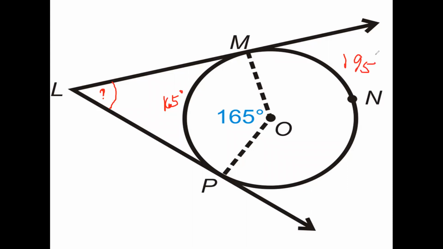Kasi sabi nga natin, ang special po sa ating dalawang tangent, nahati lang niya yung buong circle into two arcs. Since the one arc is 165, then the other arc will equal 195 degrees, para pag pinag-add natin ay 360. Now we can have our angle L.